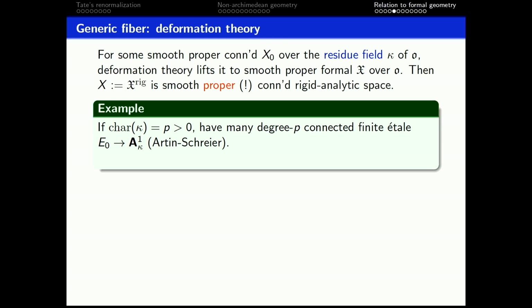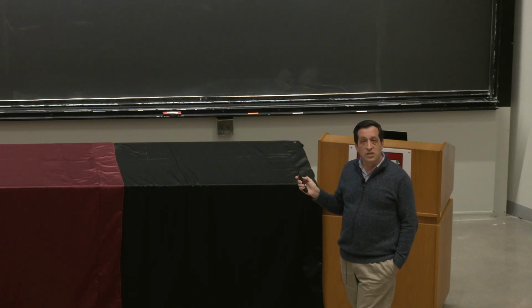In deformation theory, there's no obstruction to lifting something étale. Well, this affine line can be lifted infinitesimally over the Artinian quotients of O. And so overall, you can lift this to the formal affine line over O. This lifts to a degree p connected finite étale cover. And then you can take the rigid analytic generic fiber. So in this way, we get non-trivial connected finite étale covers of the closed unit disk, which is really weird, right? If you've never seen that before.